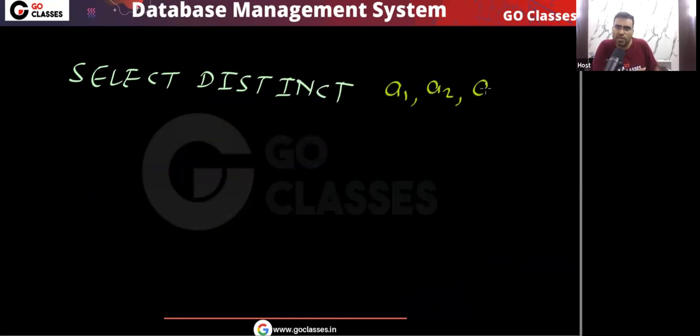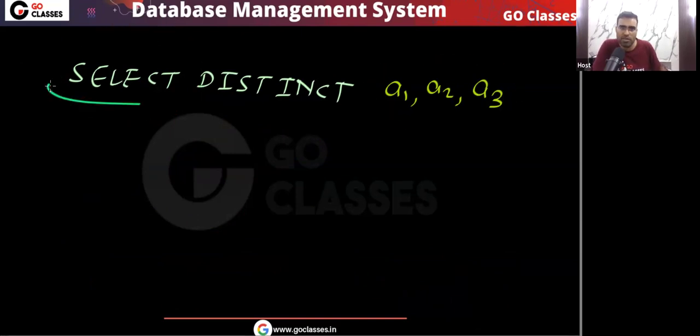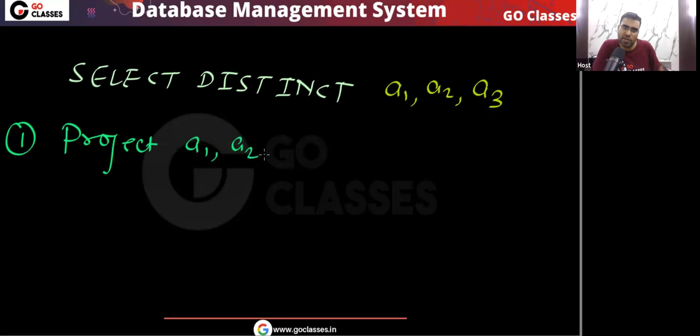You can understand it like this. When you say select distinct A1, A2, A3, you can think that first you select, that is project, A1, A2, A3.